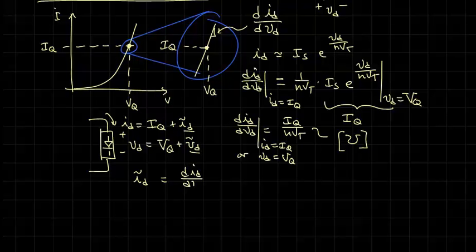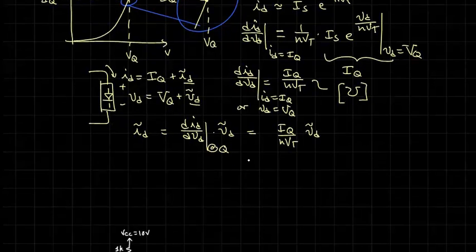the derivative of ID with respect to VD evaluated at the operating point Q, that's that data point, times little VD, which is equal to IQ over NVT times little VD.